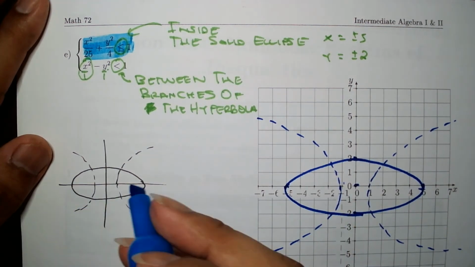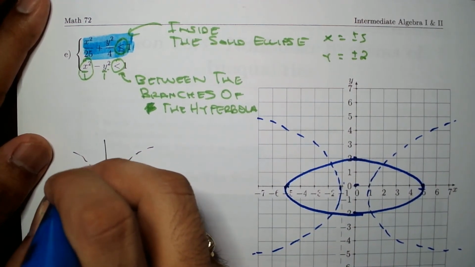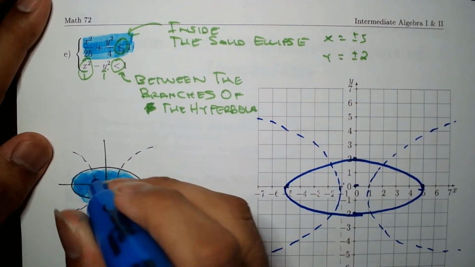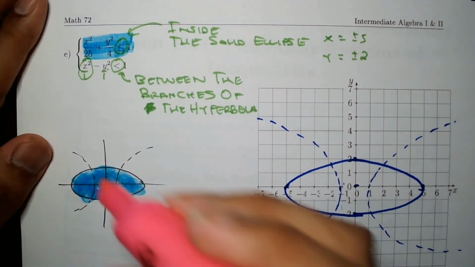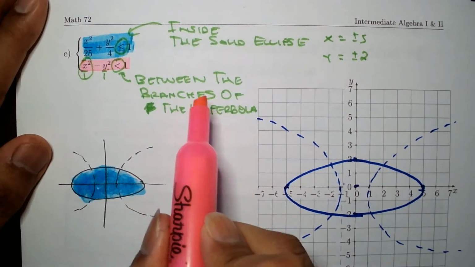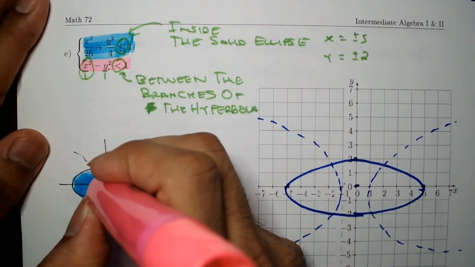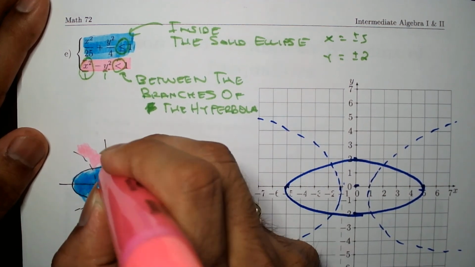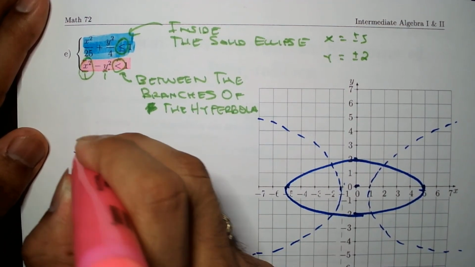Inside the ellipse, the solid ellipse. Okay. And pink will be the hyperbola, in fact, between the branches of the hyperbola, like this. That's between the branches.